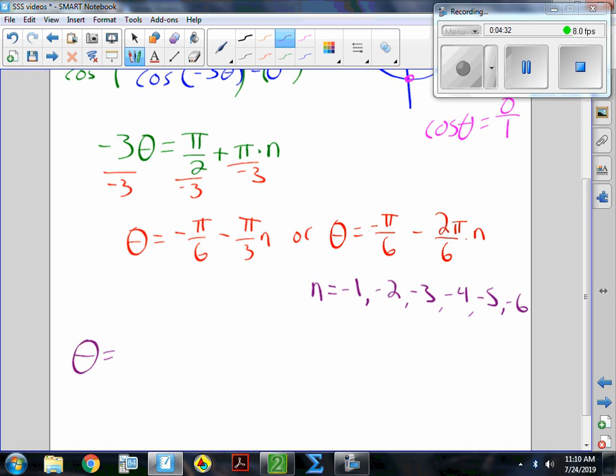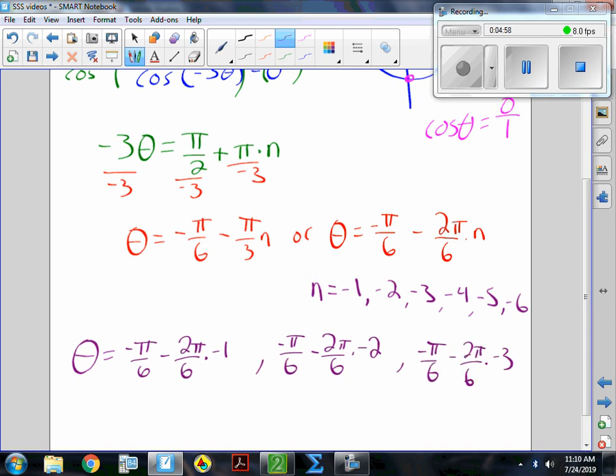So theta is going to equal negative pi over 6 minus 2 pi over 6 times -1 and then times -2. And then times -3. Etc. So negative pi over 6 plus, go back to this one, negative pi over 6 plus 2 pi over 6 is pi over 6.